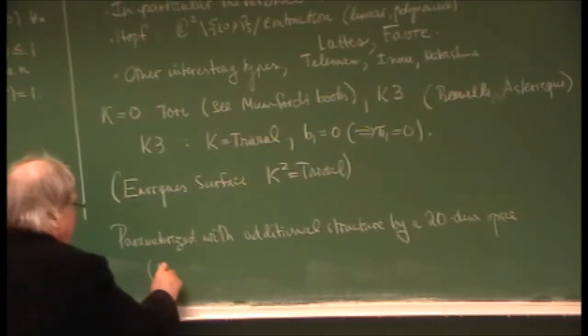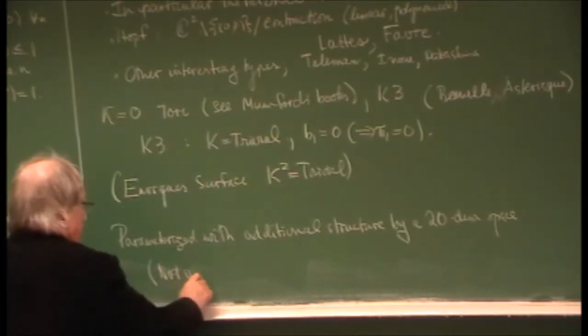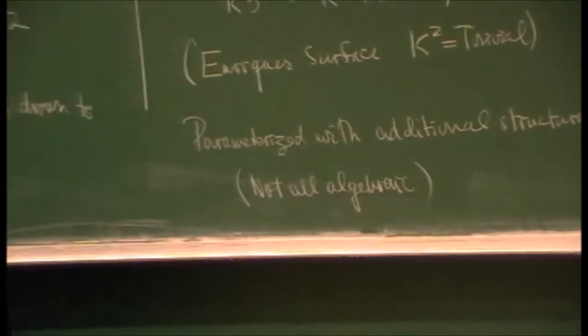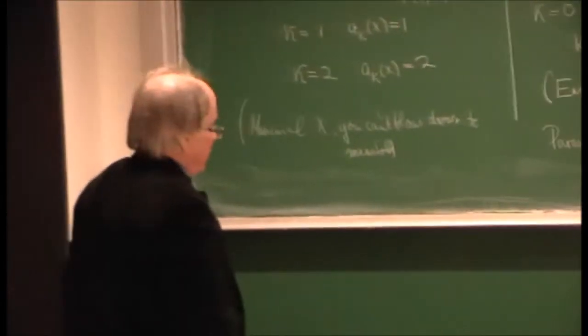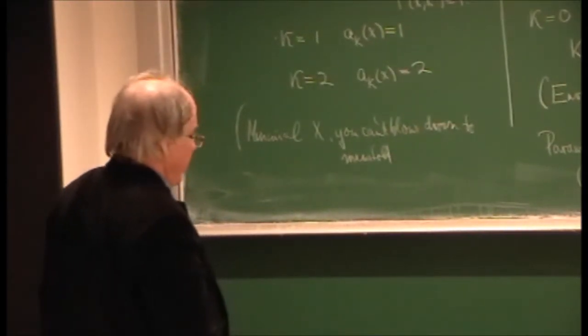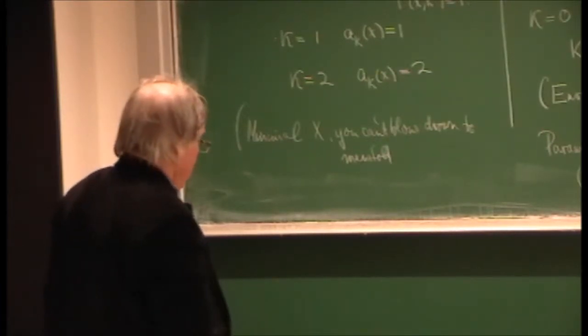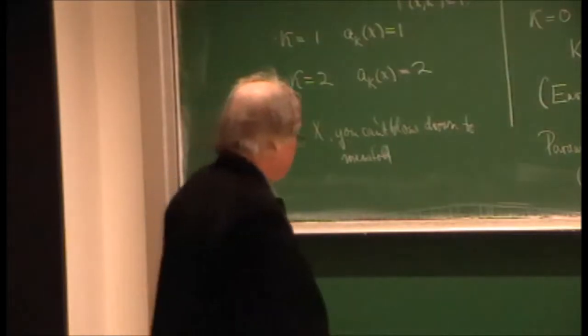Not all algebraic. I guess there's a dense set of algebraic surfaces, but they're not all algebraic, and quite often they don't have any meromorphic functions whatsoever. So that's a very interesting thing.